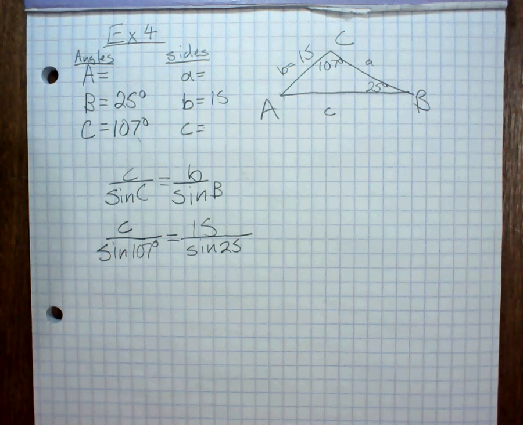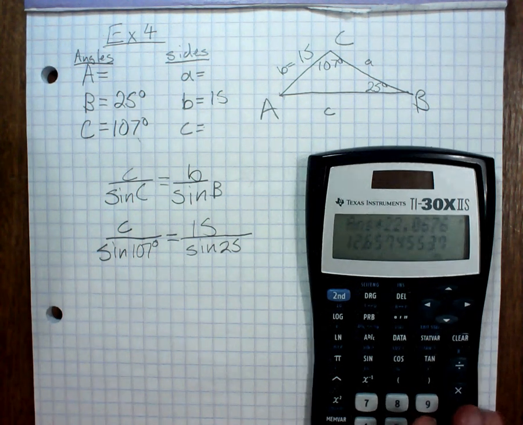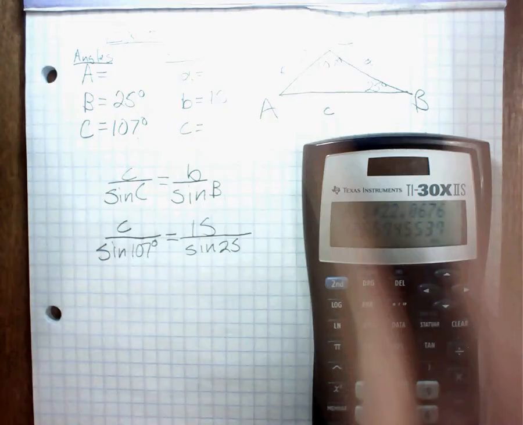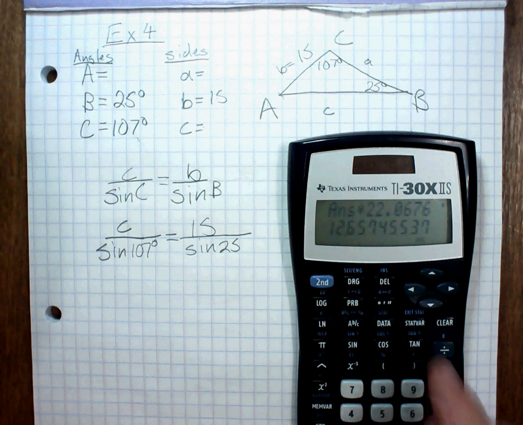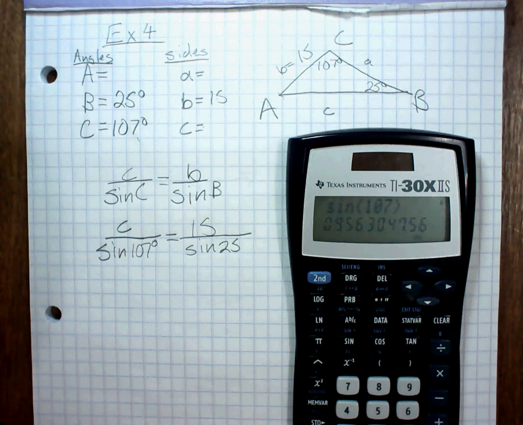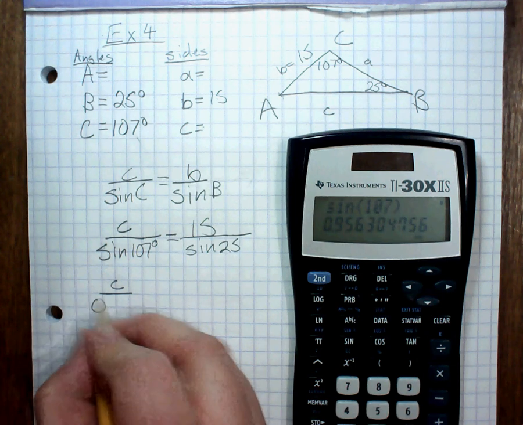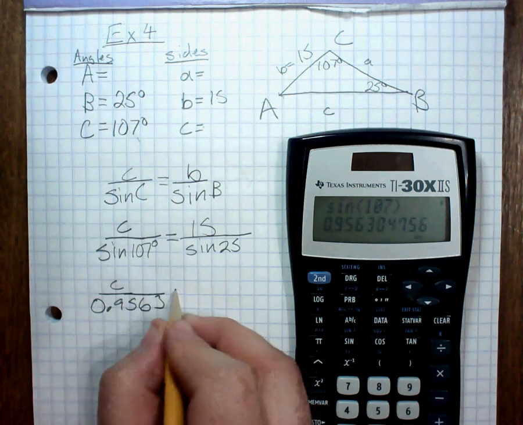And so now I'm going to take my calculator out, and I'm just going to plug this in the calculator, and we'll get some answers. Trying to adjust my light so you can see the calculator a little better. Okay, so sine of 107 degrees is 0.9563, and that's equal to 15.